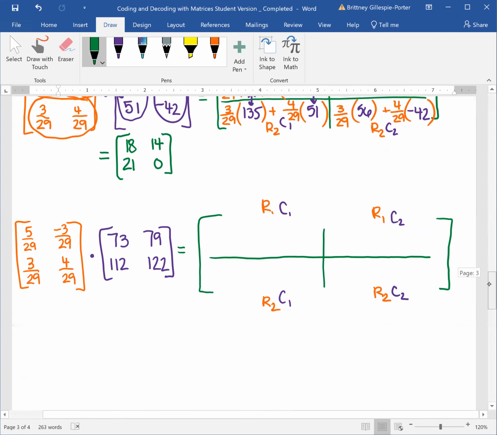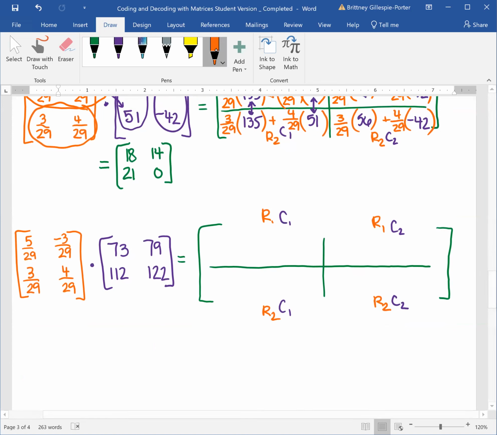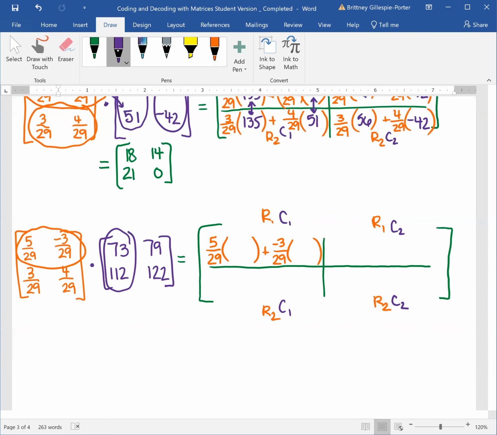Let's do the other multiplication. So again, we're going to be taking row 1 times column 1. So our 5 over 29 times something plus negative 3 over 29 times something. It'll be the 73 and 112.